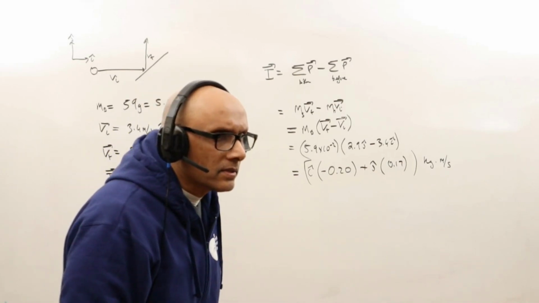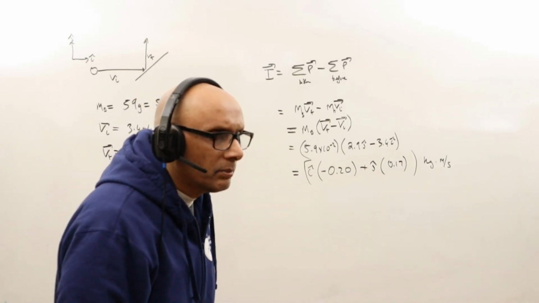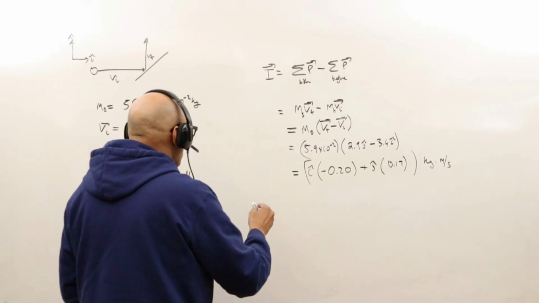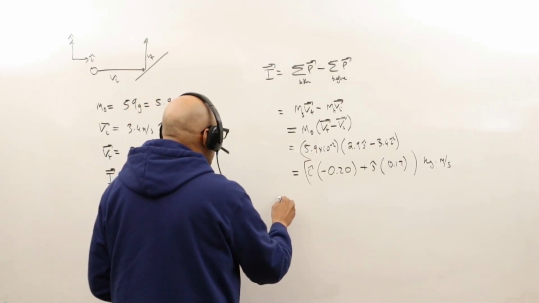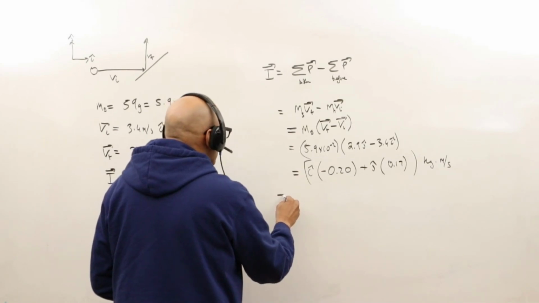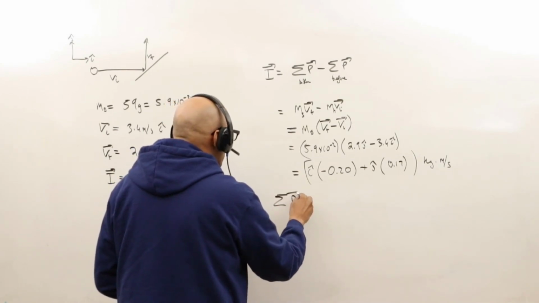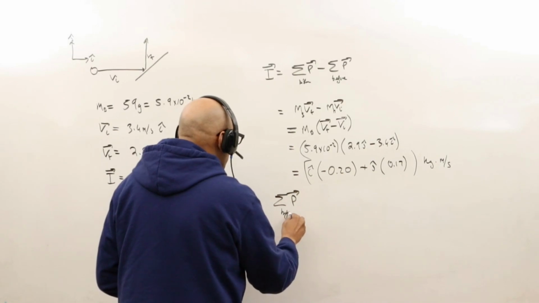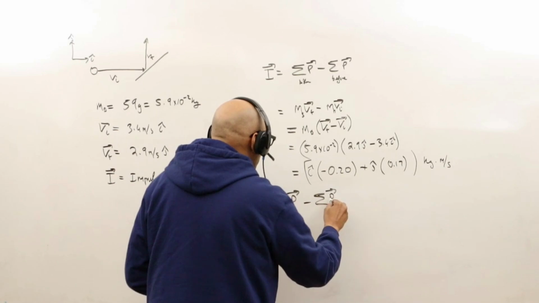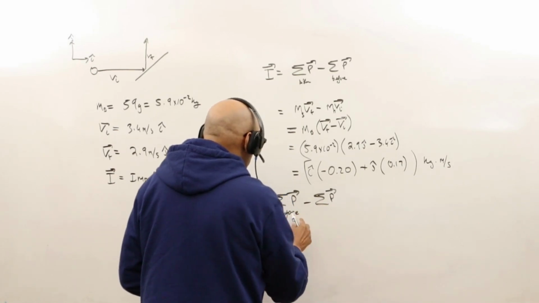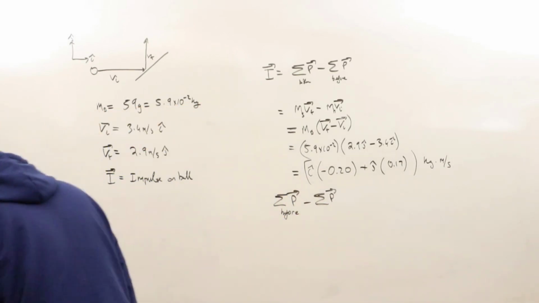So the next is, find the applied force. Remember, the equation that we're looking for is that the total impulse, which is the total momentum after minus the total momentum before, sorry, this is a mistake, it's supposed to be after.